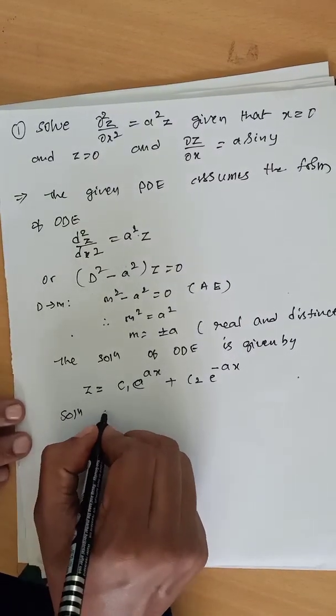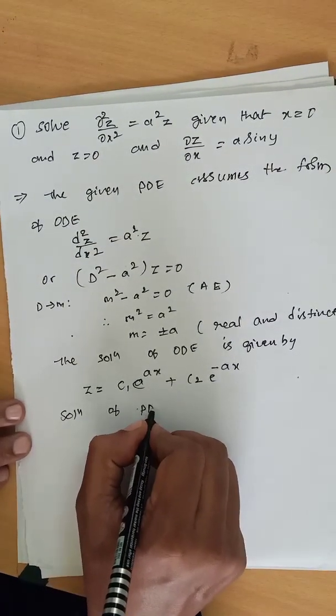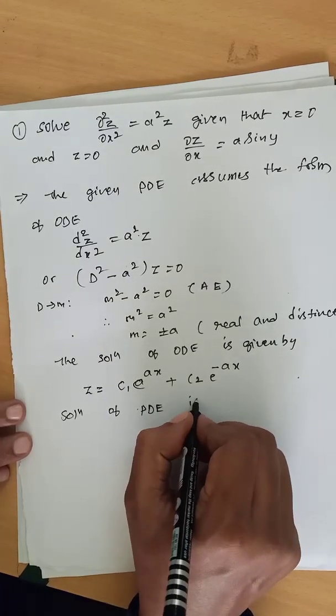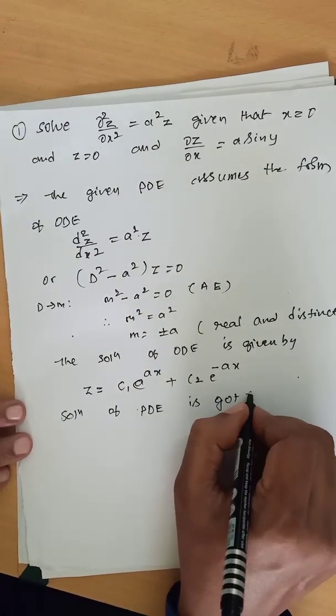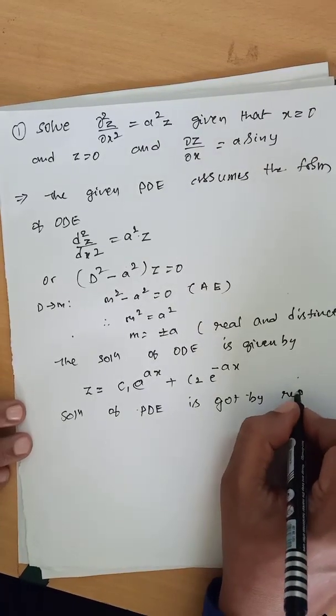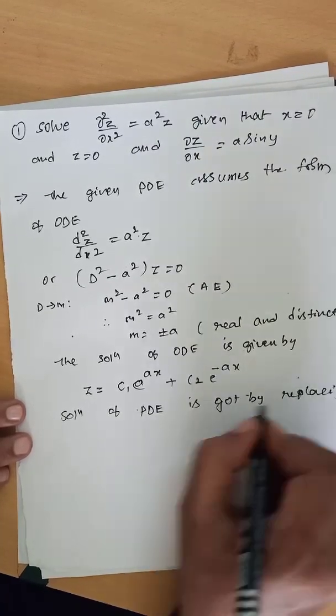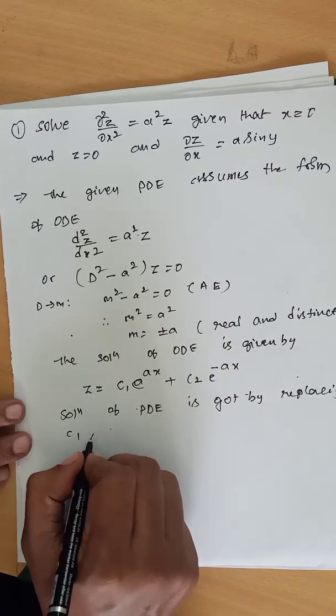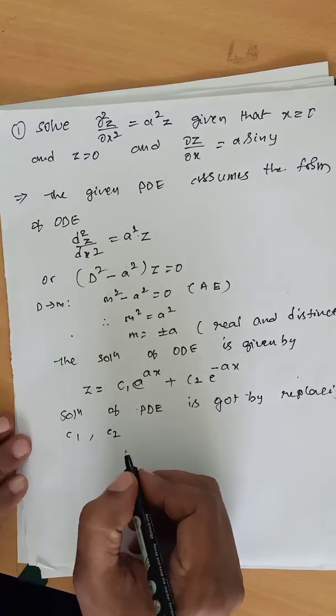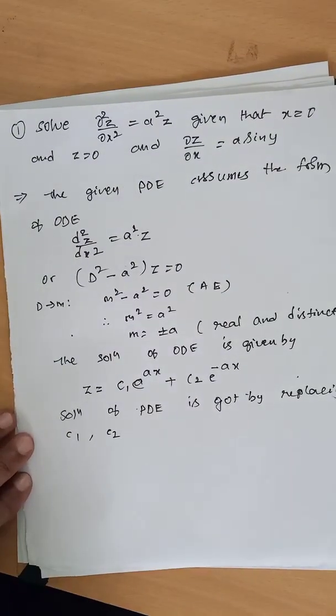Next, the solution of the PDE is got by replacing C1 and C2. The solution of a homogeneous partial differential equation should not involve arbitrary constants C1 and C2.